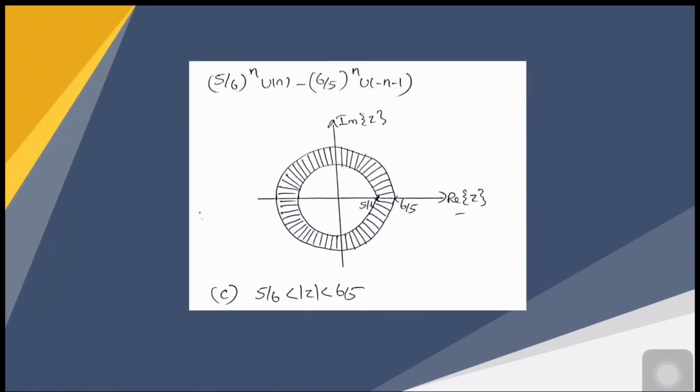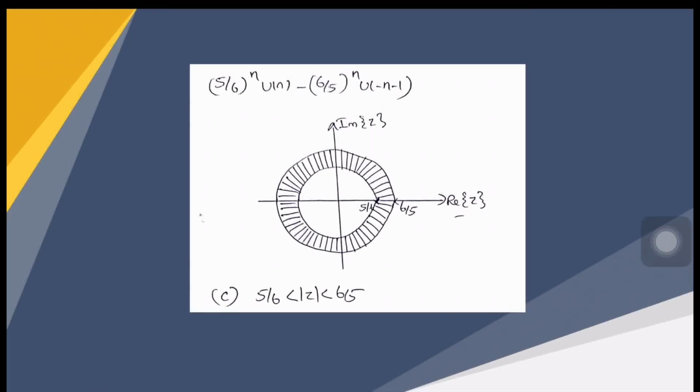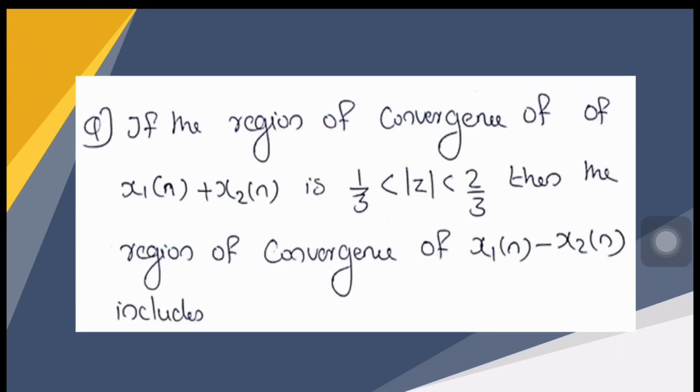When we take the intersection of R1 and R2, we get the ROC of our desired quantity x1[n] minus x2[n] as 5/6 less than mod z less than 6/5. You can see the shaded region here. Thus, our answer is option C.